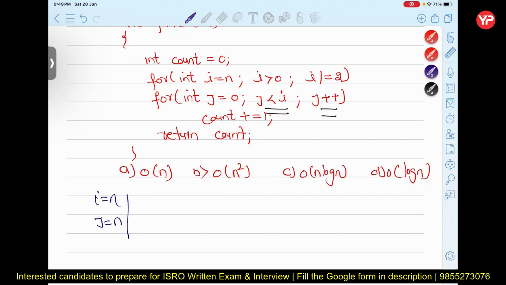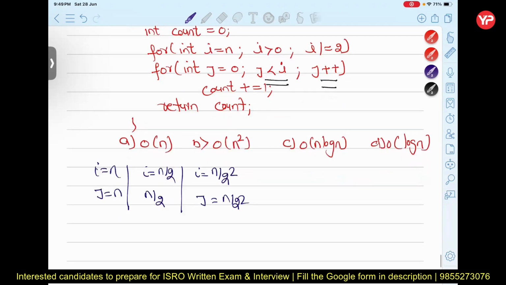Then i by 2. i is now n by 2, so j is executed n by 2 times. Next, i equal to n by 2 square, so j is again executed n by 2 square times. So the series looks like this: n plus n by 2 plus the same series again, which is going to be order of n. So E is the right answer.